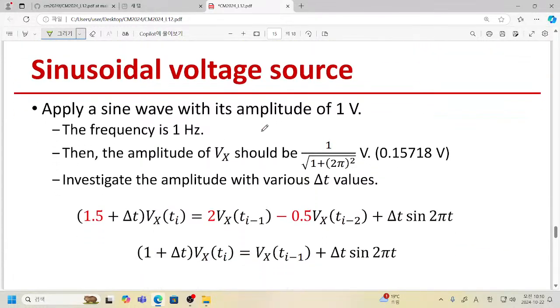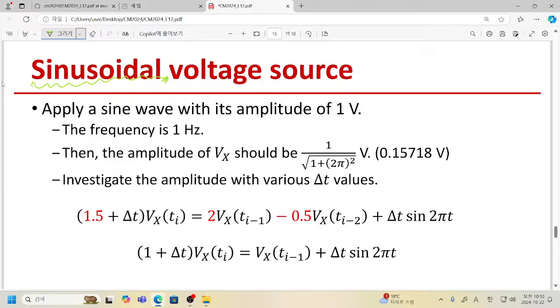Okay, up to now I have just shown the comparison between our numerical solution and analytic solution. Another thing we can do is define any kind of arbitrary voltage source for our system. You can play with an arbitrary voltage source.